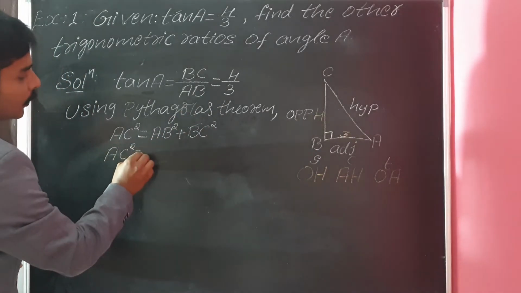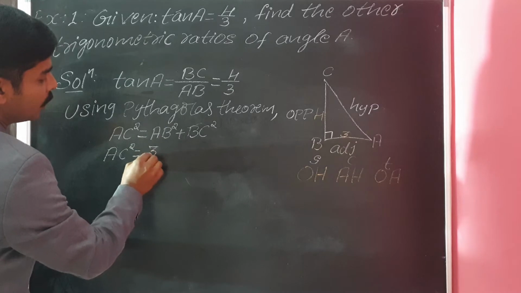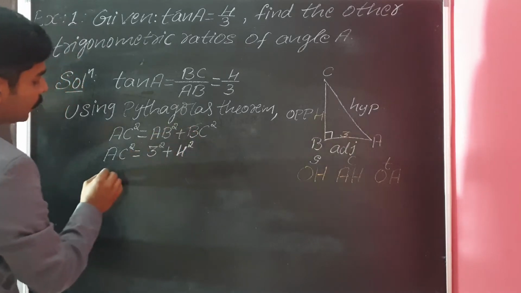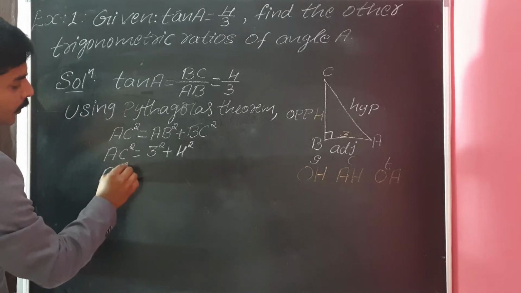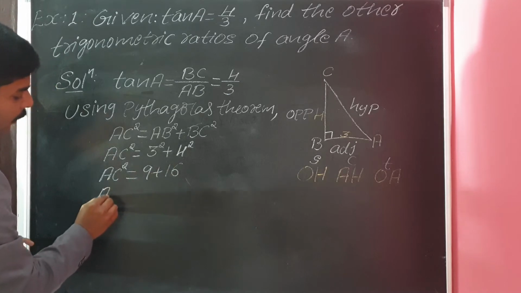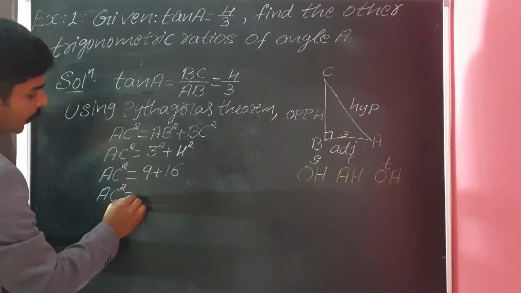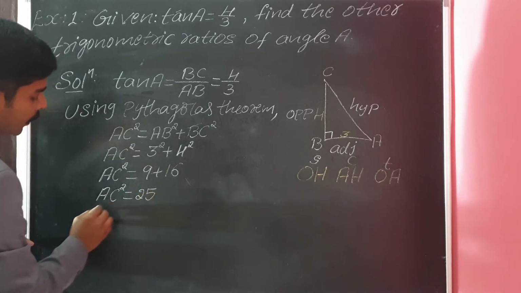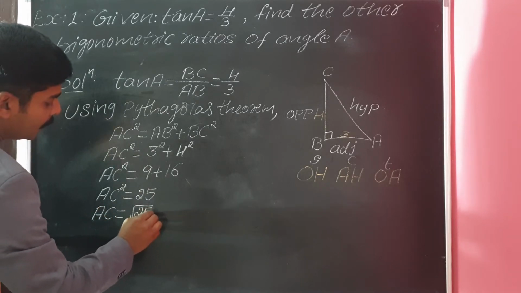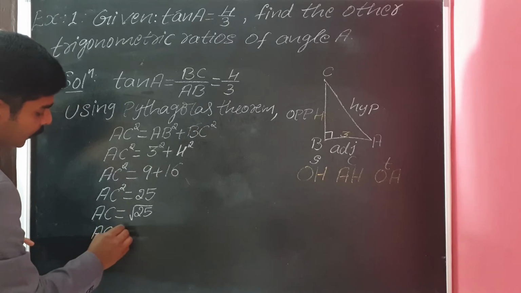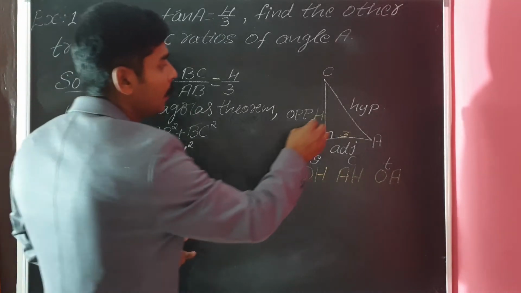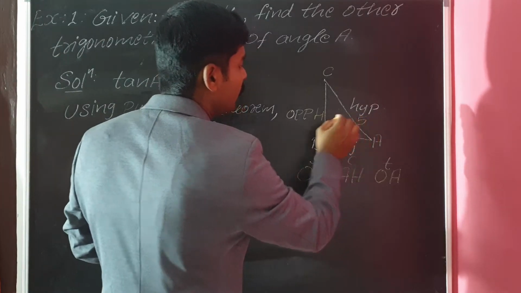AC square is equal to 3 square plus 4 square, which is 9 plus 16. So AC square is equal to 25. Therefore AC is equal to square root of 25, which is 5 unit. Now we know that the hypotenuse is 5 unit.